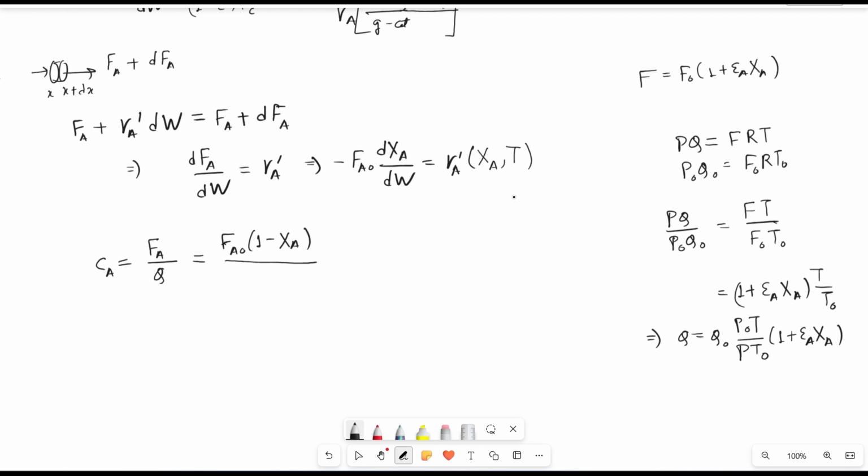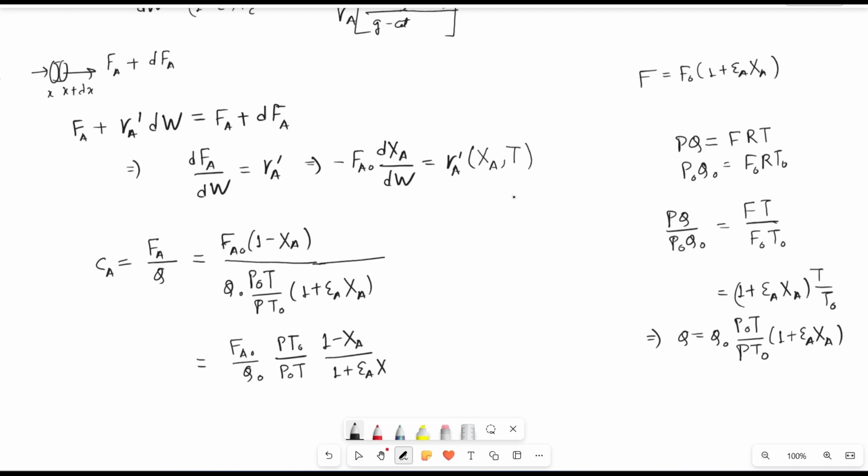Now we will put this value of Q here. We get Q naught P naught T by P T naught (1 plus epsilon A XA), which is equal to Fa naught by Q naught, P T naught divided by P naught T, (1 minus XA) divided by (1 plus epsilon A XA), which is equal to CA naught, that is the inlet concentration, P T naught divided by P naught T, (1 minus XA) divided by (1 plus epsilon A XA).